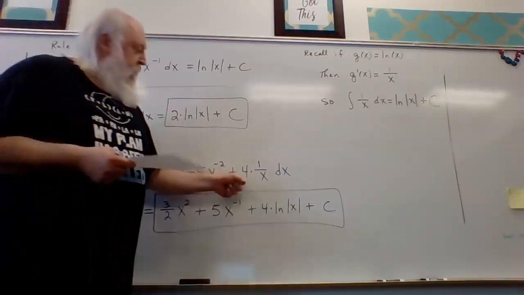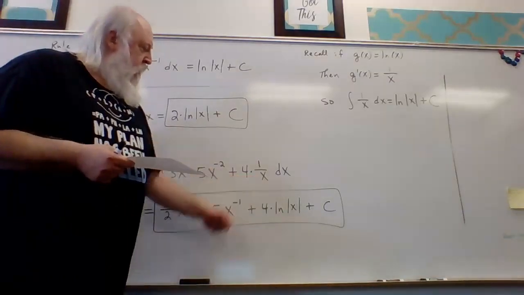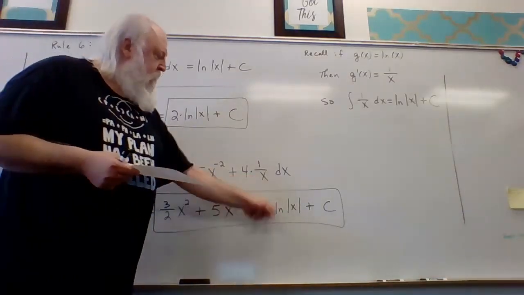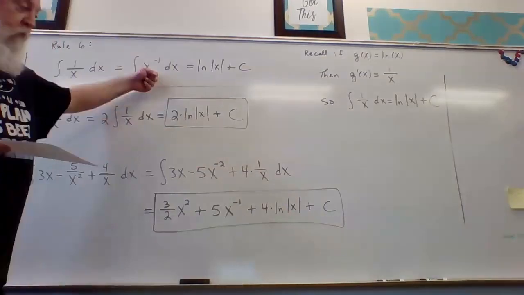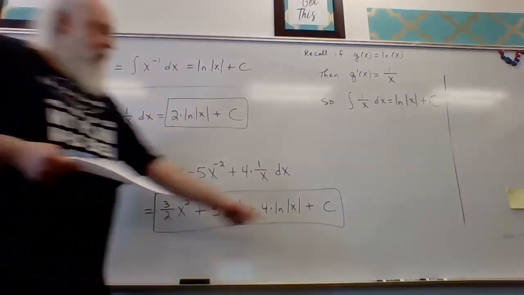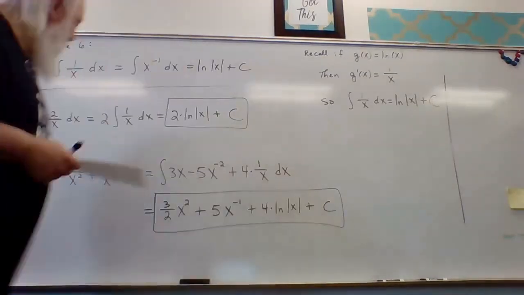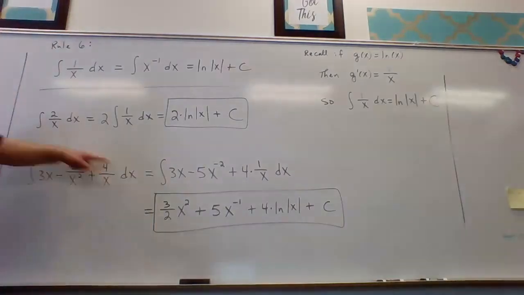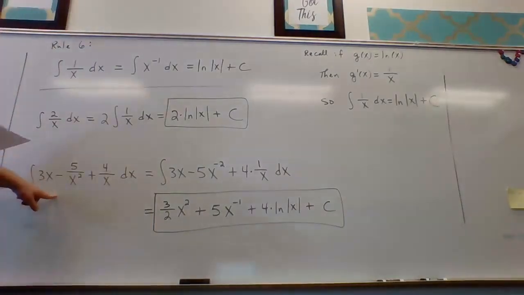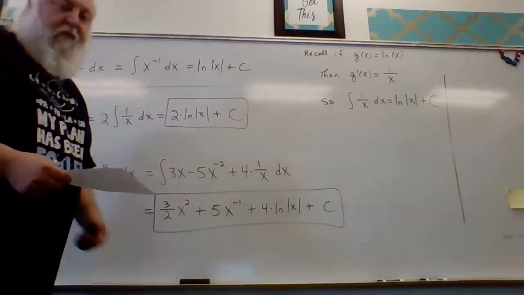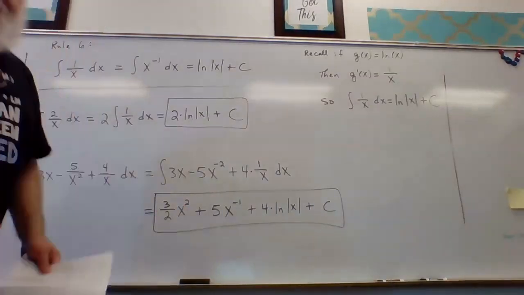And then the antiderivative of 4 times 1 over x is equal to 4 times the natural log of x from our rule up here. And then we add the arbitrary constant c. So the antiderivative of this function in example 2 is equal to this in parentheses.